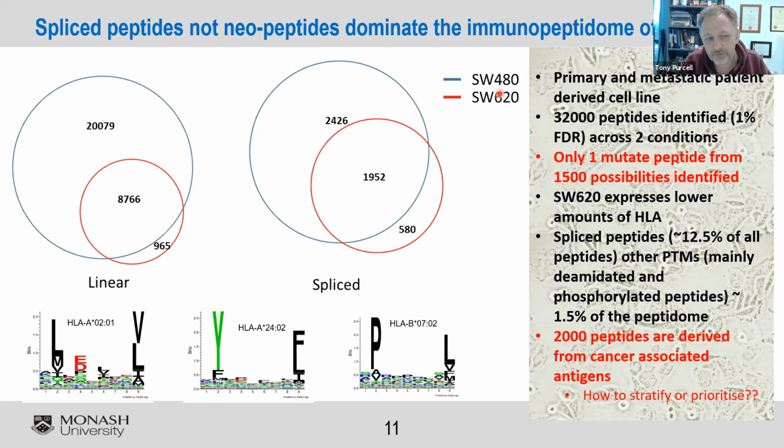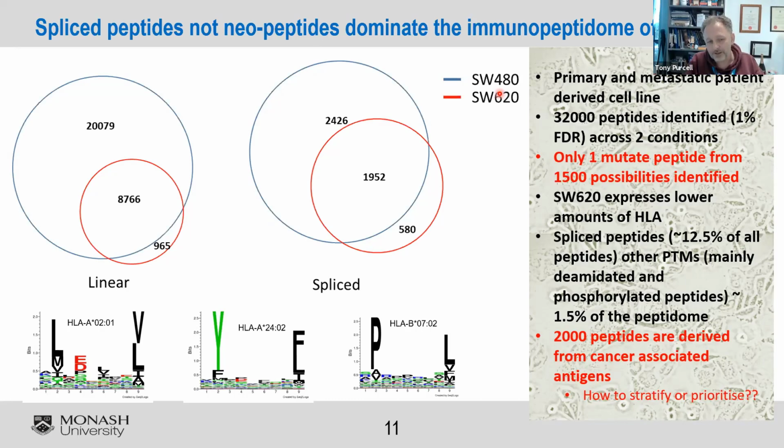Based on genomics and a filtering approach where we filtered out the potential binders, we looked at around 1,500 possible neoepitopes that could be present in the immunopeptidome of this particular cell line. And despite looking really hard with this extensive fractionation, spending far too much time on the instrument, we're only really able to confidently identify one mutated peptide from all these possibilities.